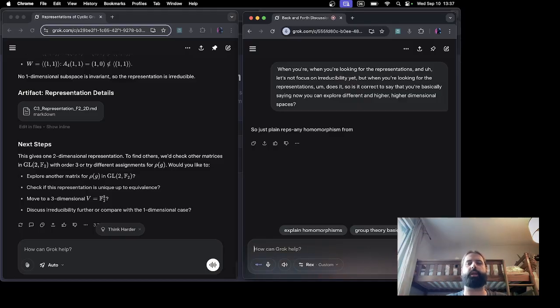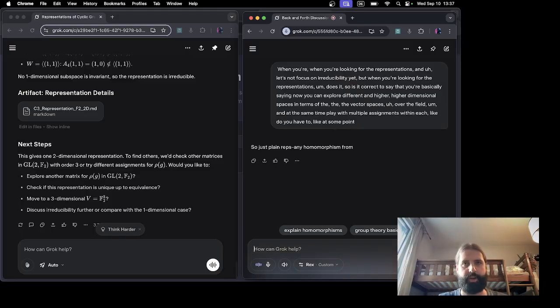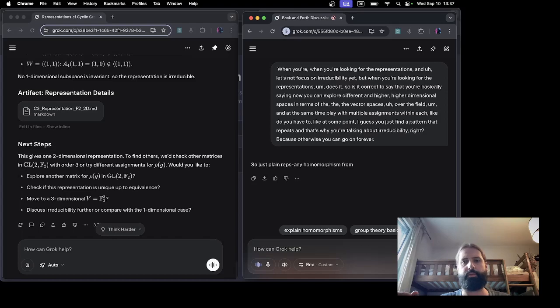At some point, I guess you just find a pattern that repeats, and that's why you're talking about reducibility, right? Because otherwise you can go on forever. If I'm looking at one-dimensional and two-dimensional vector spaces, I could also just do three-dimensional vector spaces. At what point do you stop?